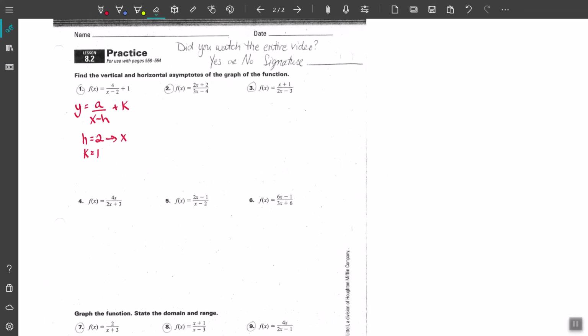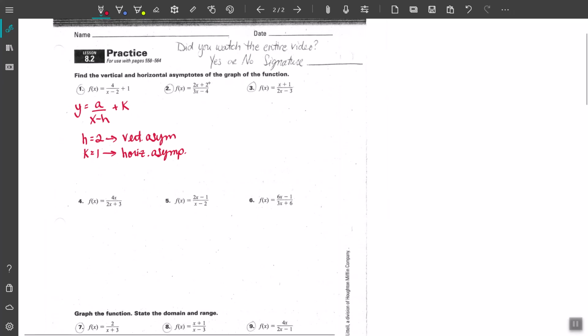Actually, I'm going to write that in as vertical. So this is our vertical asymptote. And then our k of 1, that's our horizontal asymptote. And we'll practice with those on the bottom when we start graphing these.